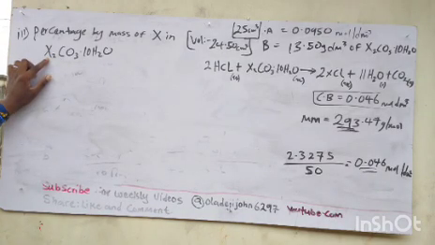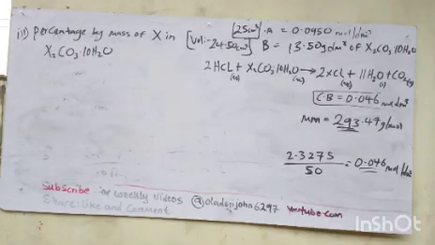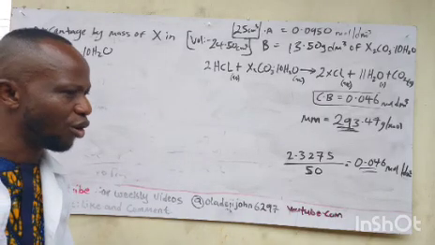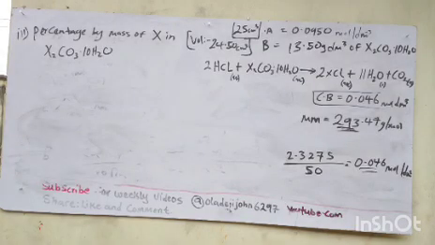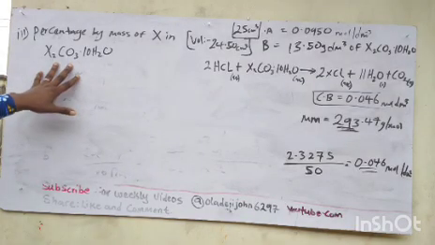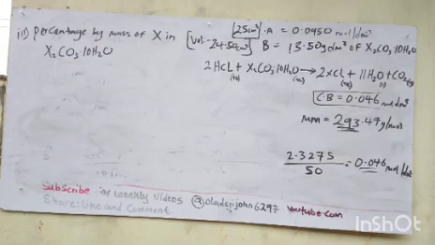But without knowing what X is, we might not be able to find that. But let's just quickly ask, what is the percentage? Percentage is the pure over impure. Pure substance over impure.